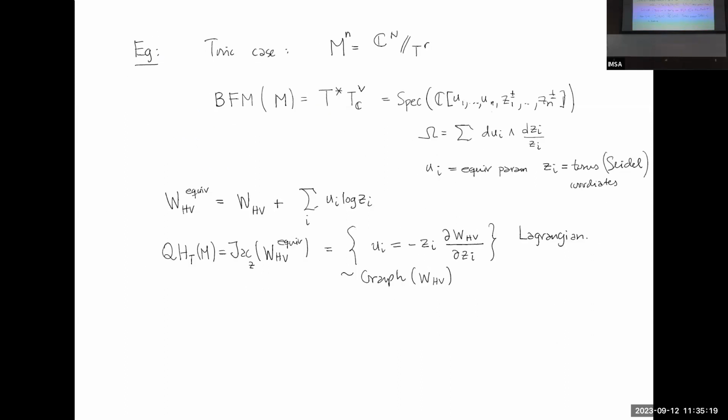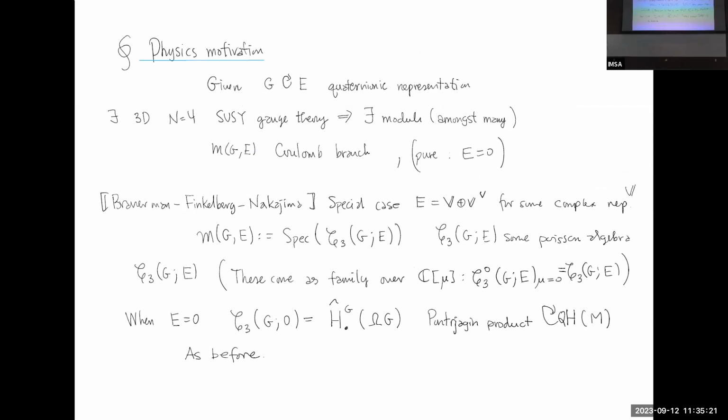But anyway, this is linked to the original motivation of this work. The physics motivation is that, given a group acting on a quaternionic representation, there are always many moduli spaces that you can associate to them.